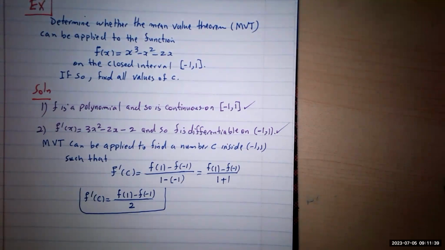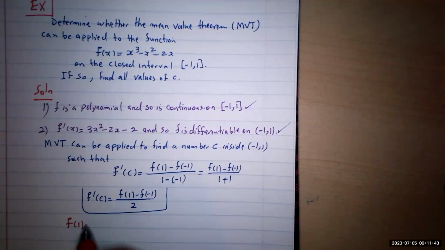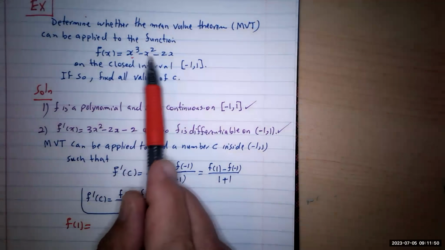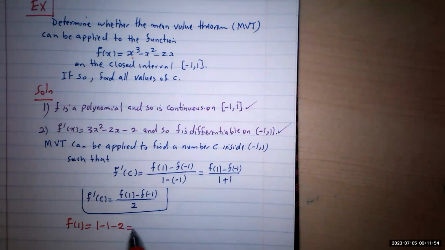Okay, so I remind myself what I have. f of 1, go to the function and find it: 1 minus 1 minus 2. That gives you -2.